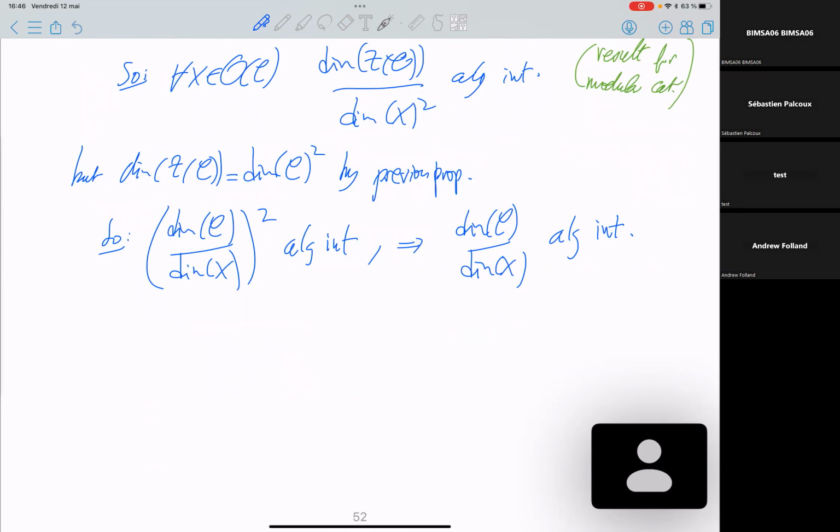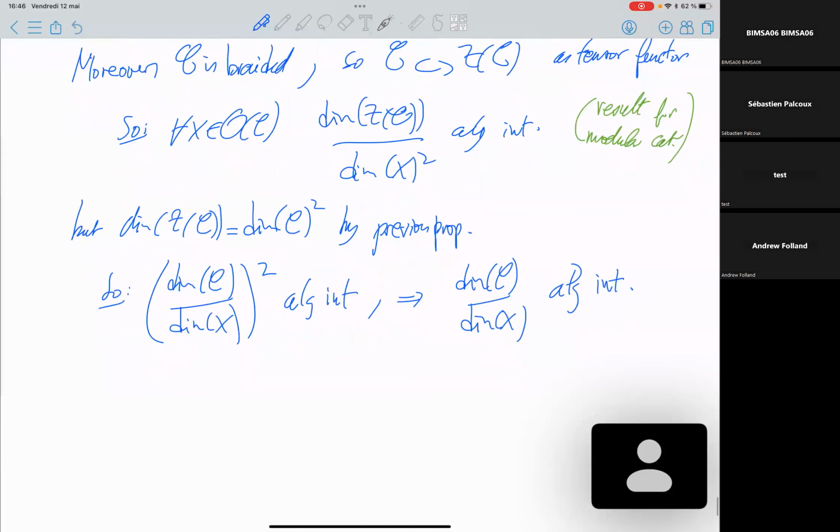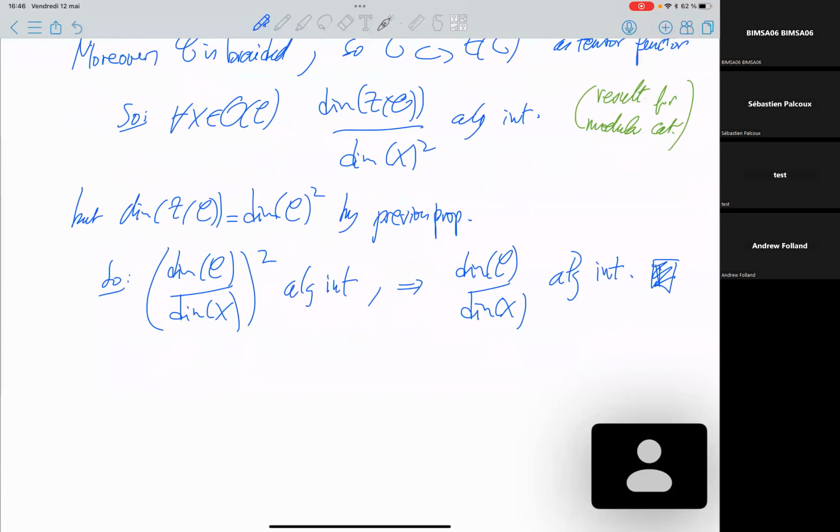Not every cyclotomic integer is a square, but in the algebraic field, every element is a square. So you have to be careful when you deal with cyclotomic integers. Okay, so this is what we wanted to prove.